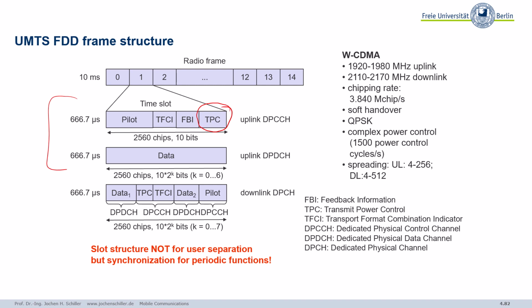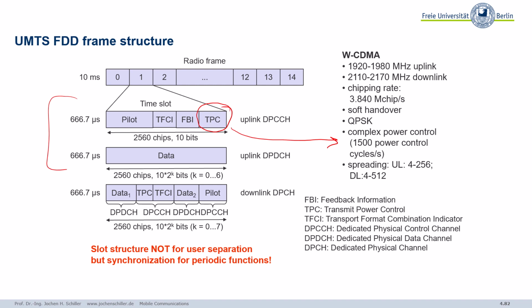We have to perform tight power control, and that means in UMTS 1500 power control cycles per second. So that's quite often, and that consumes also some energy. Because you have to do this in each slot, this is why we have a radio frame with time slots, not needed for the user data.